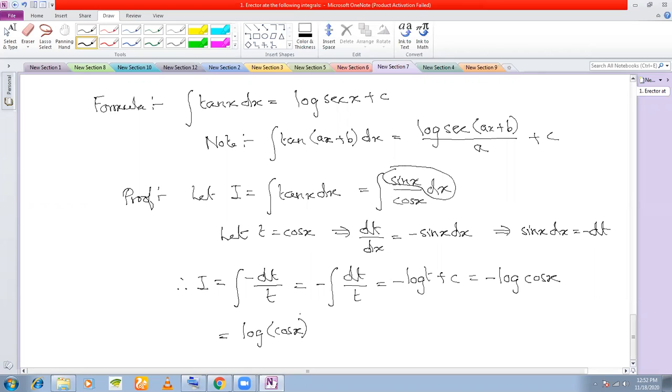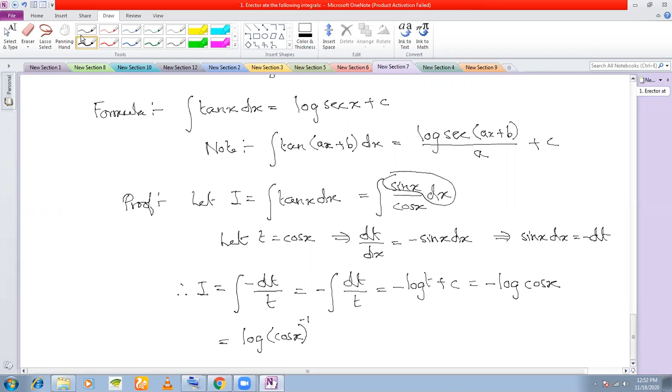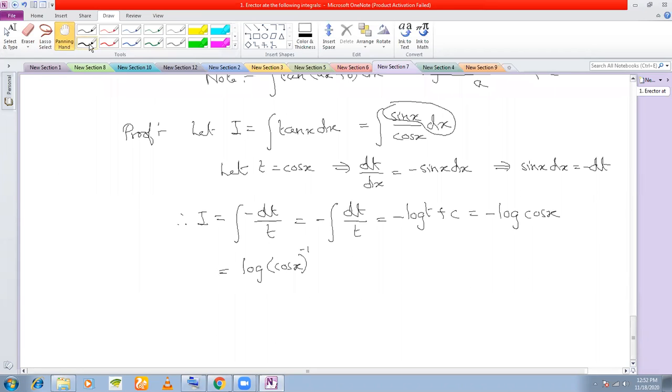If I remove the minus sign from the beginning, it comes to the power of the log, according to the properties of log. So this will become log 1 by cos x. That means this will become log sec x plus c. That is how you prove it.